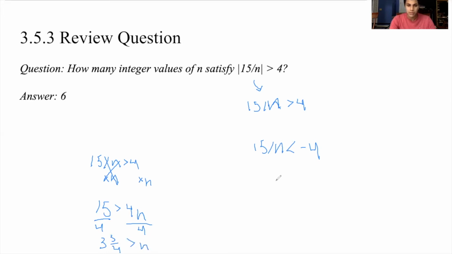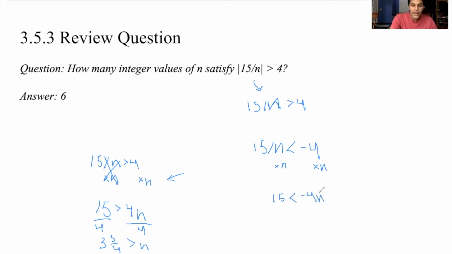Now let me do my second one. And this one is a little bit confusing, so stick with me here. So I still need to get rid of n in this denominator here. So I can do the same thing that I did over here where I multiply by n, but there's one thing that I have to do different. And that's that I have to flip the sign when I do this. It's not going to be 15 is less than -4n.